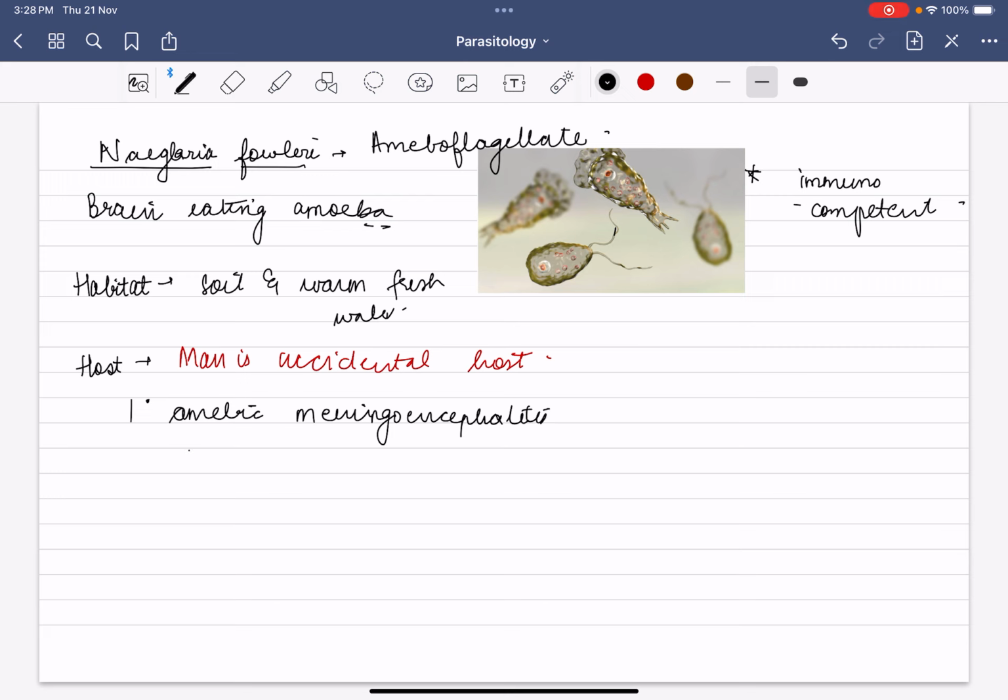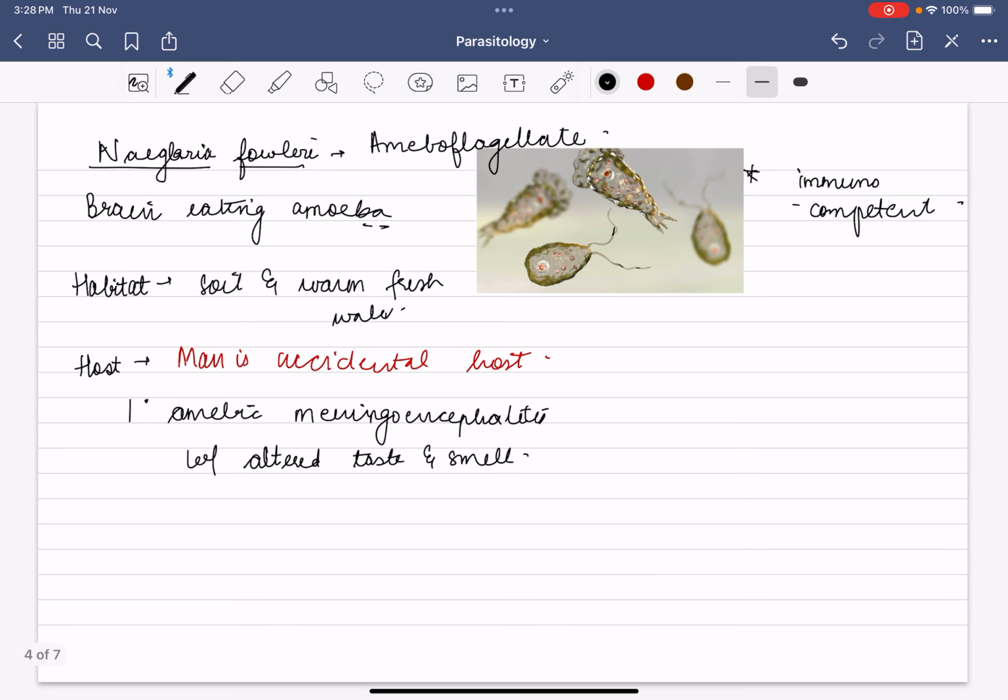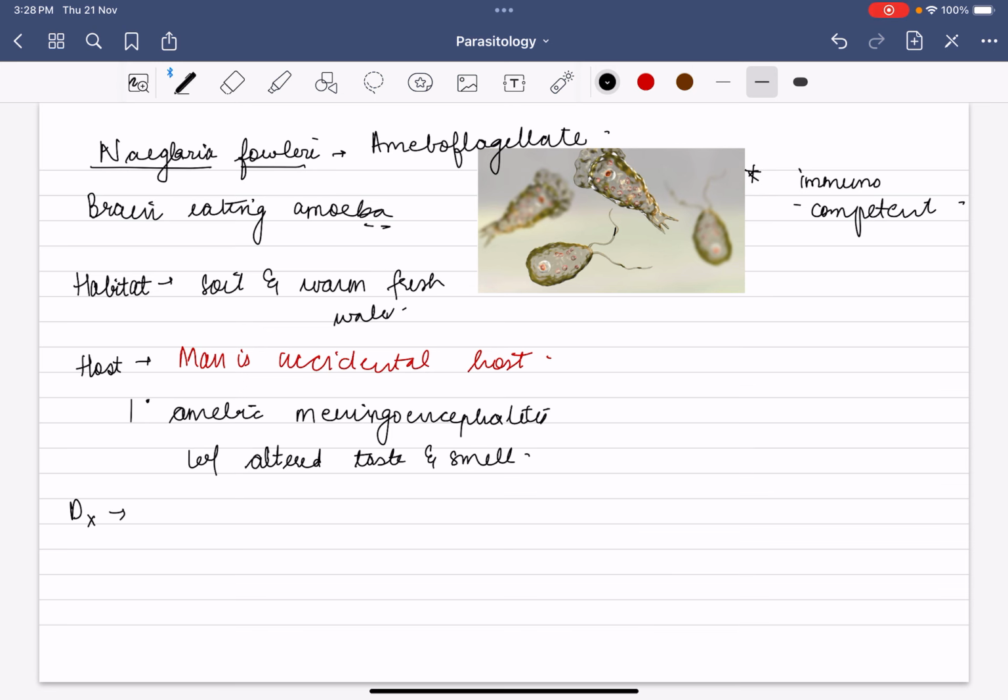Along with features, which is very common with this, is altered taste and smell. So mortality is very high, as much as 98%. Diagnosis, for diagnosis we have CSF, we see amoeboid trophozoites.